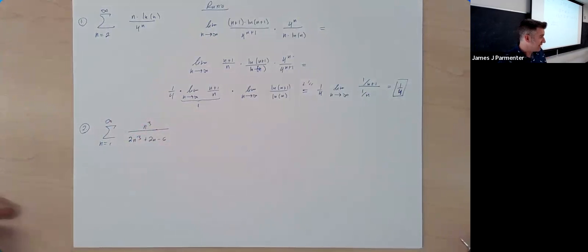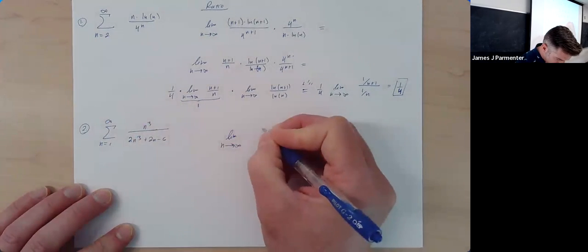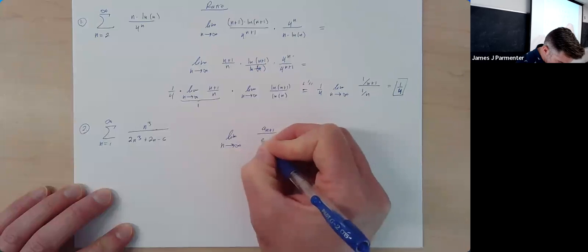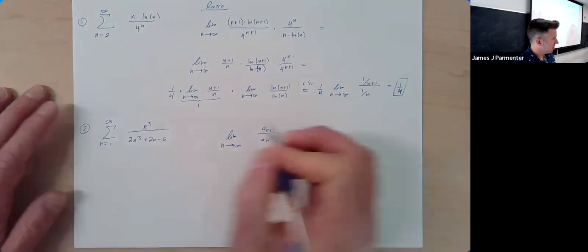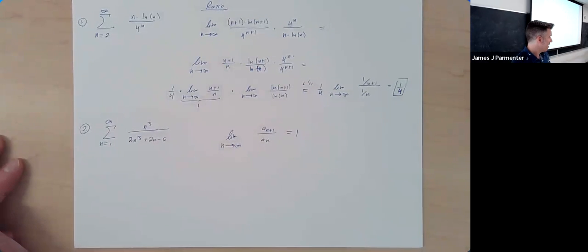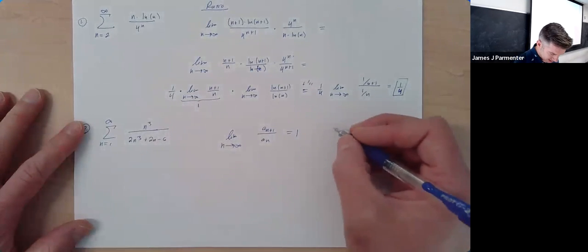I could use it, but it's not going to get me anything good. I will point out, if you do the limit as n goes to infinity of your a_(n+1) term over a_n, you're going to get 1. I don't really want to write it down because it's a lot of writing, but you should do the work to see that it's 1. So that test is inconclusive.